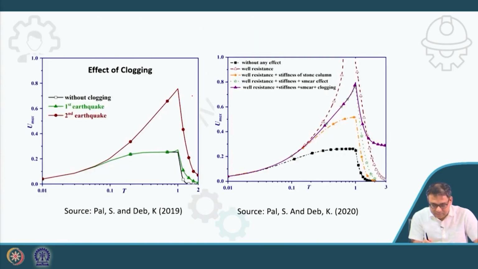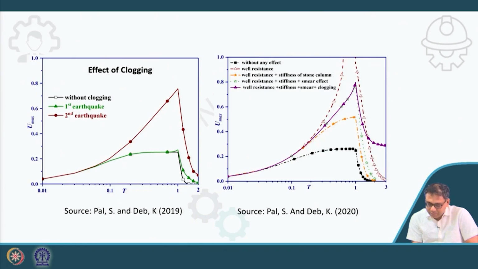These are the important findings. Now you can see that this chart is showing the effect of different mechanisms. If I explain this chart, the x-axis is the non-dimensional duration of the earthquake, and 1 means the end of the earthquake.